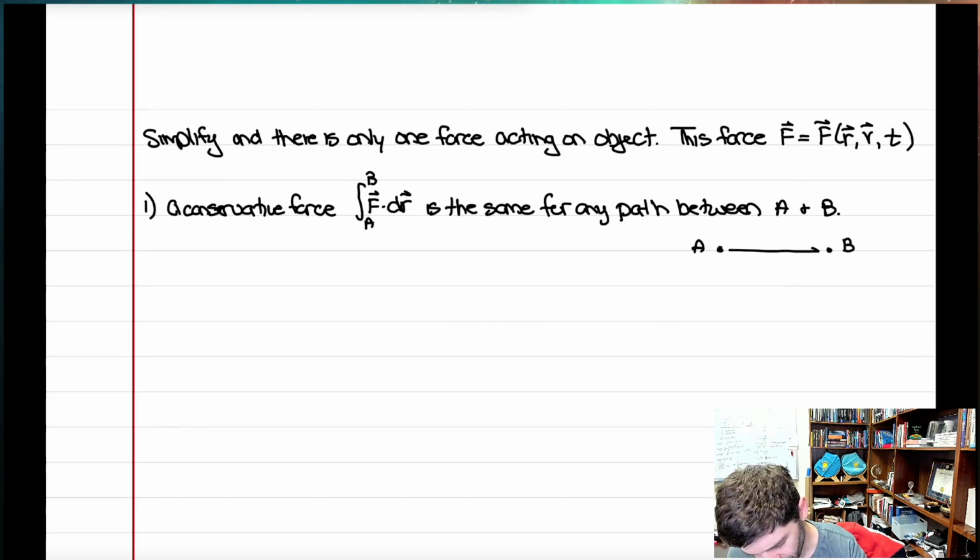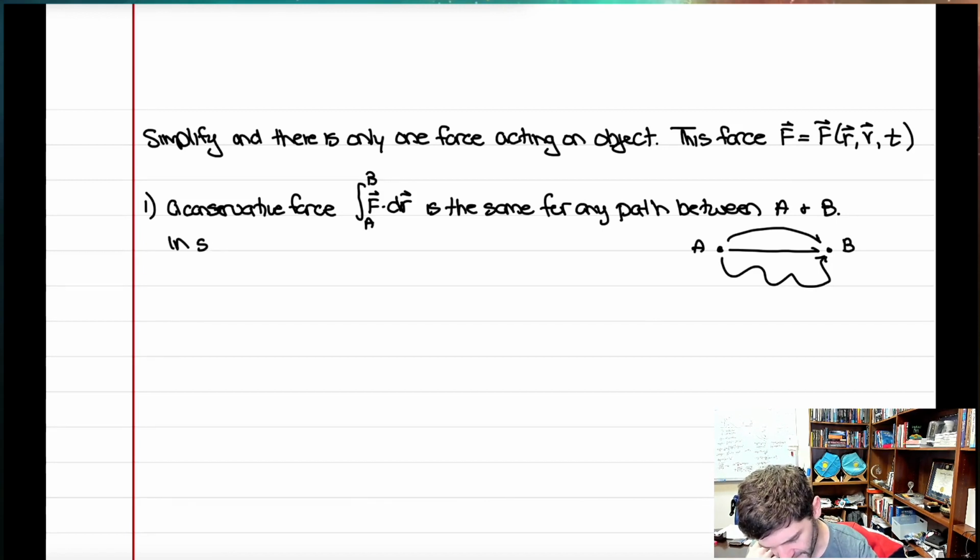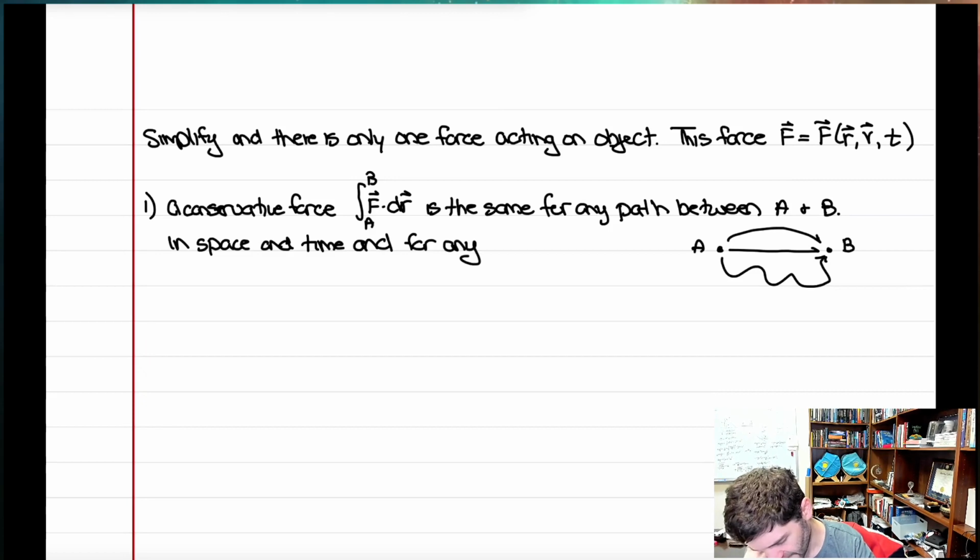One path could be straight over, versus an arc, versus some squiggly line that gets over. No matter what path I draw, as long as you start at A and end at B, we're going to say a conservative force has this integral with the same value for any path between A and B. And we're going to say this holds in space and time and for any initial condition.